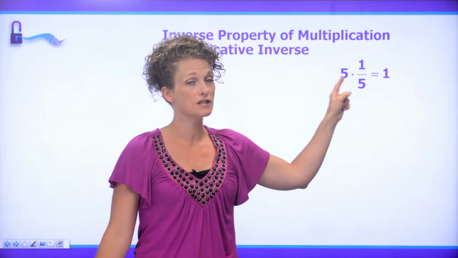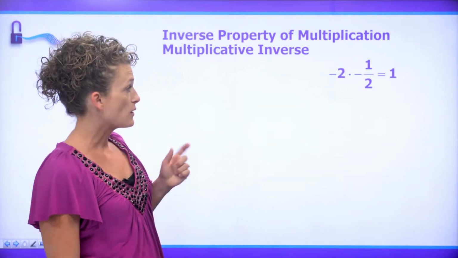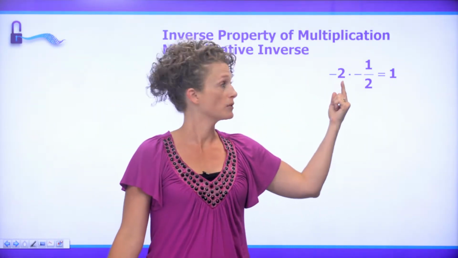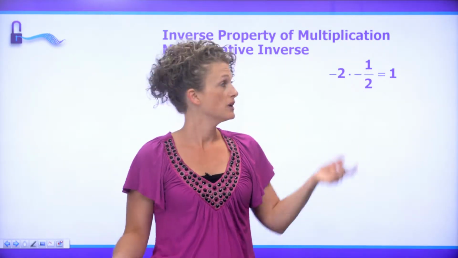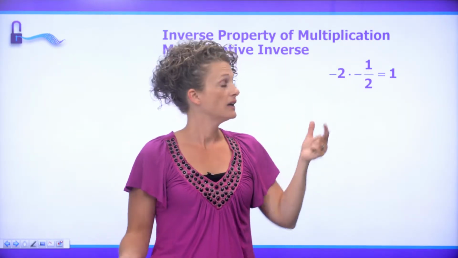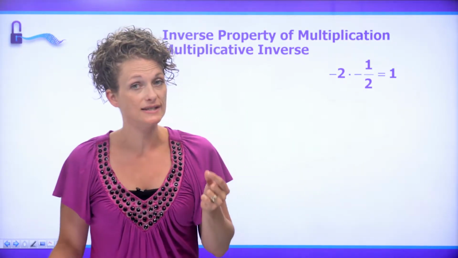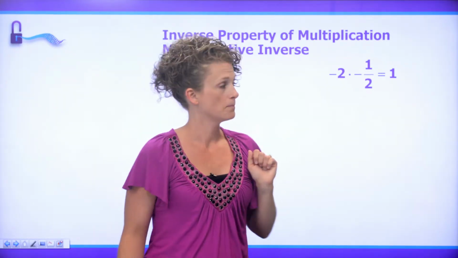So 5 times 1 over 5 is equal to 1. That was a positive number. Now how about a negative number? Now you notice the negative is out front, and that is simply proper form. So both have to be negative, and if we multiply negative 2 times its inverse, which is negative 1 over 2, we will still get a 1.